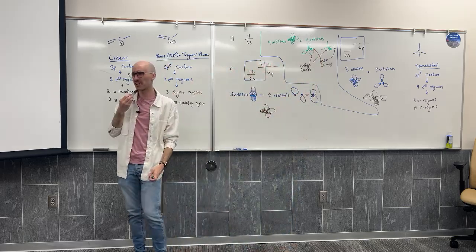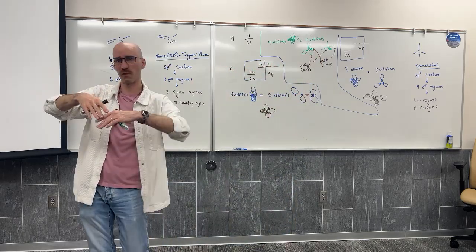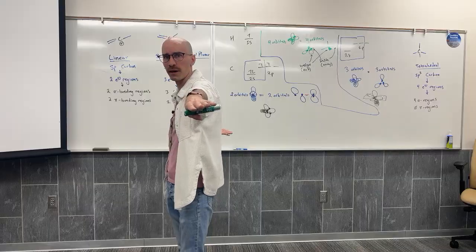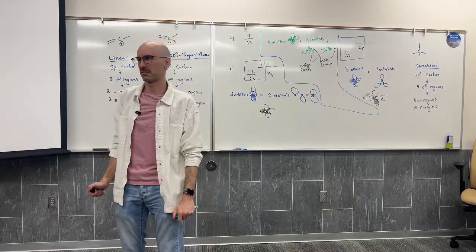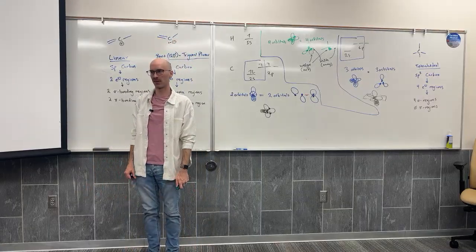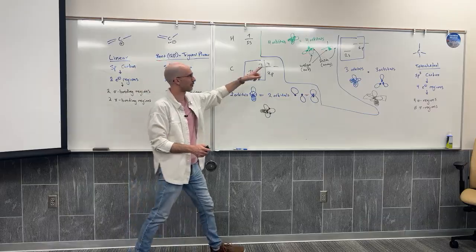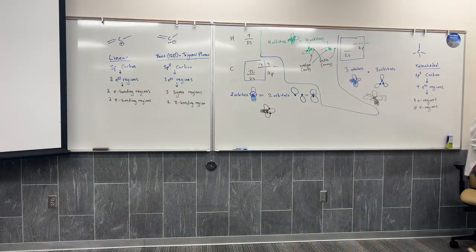So you can see how drawing those orbitals, trying to show that one of them is coming towards you and one of them is going away from you, it's actually quite hard to do. It doesn't look pretty at all. That is what it is supposed to look like. It's hard to do 3 dimensions in 2.